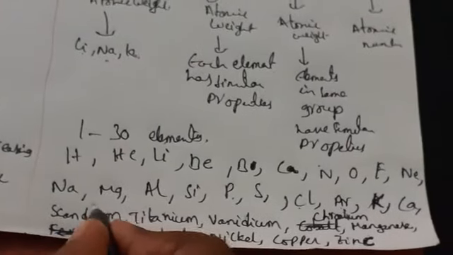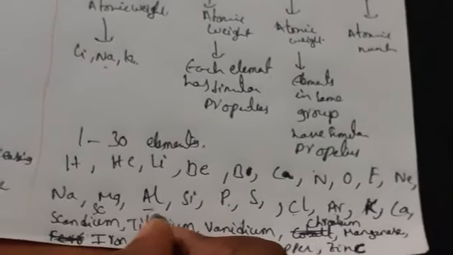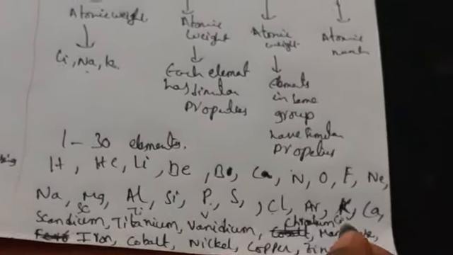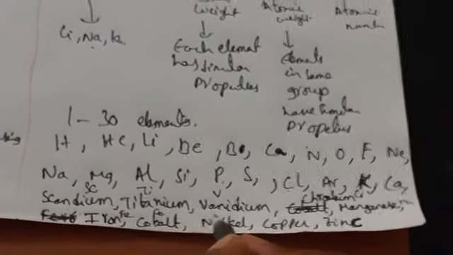For scandium we say Sc, titanium Ti, vanadium V, chromium Cr, manganese Mn, iron Fe, cobalt Co, nickel Ni, copper Cu, zinc Zn. So these are the 1 to 30 elements of the periodic table.